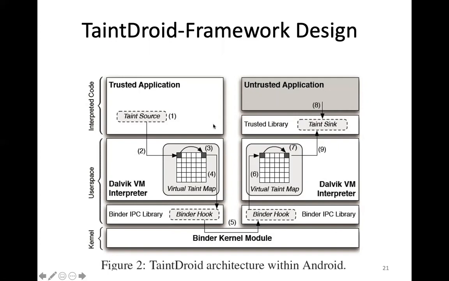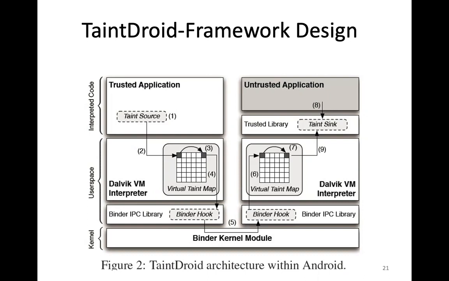This application may talk to other applications, and as I already said, that happens through the binder IPC library. The binder kernel module within the kernel is responsible for copying the taint information from the source application that's communicating to the target application. Now, the target application could be an untrusted application that you download from a source that is not, let's say, the Google Play Store.